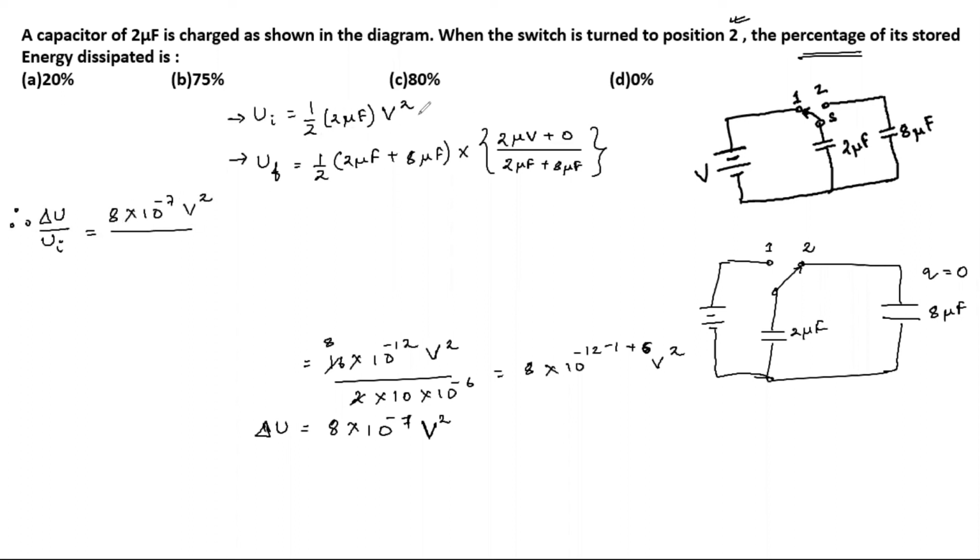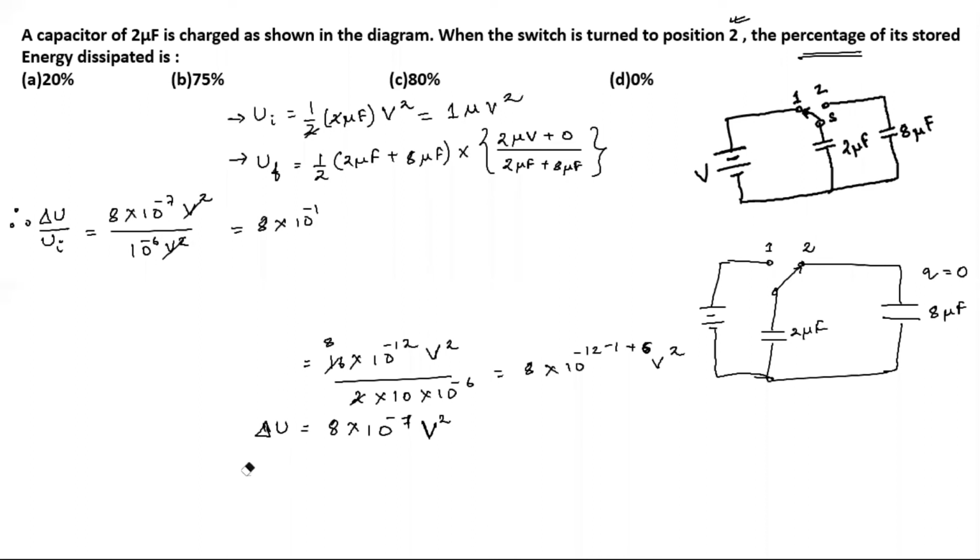Now the initial energy, if you calculate this, is around 1 micro V square, so 10 to the power minus 6 V square. This V square gets cancelled, so you will have 8 into 10 to the power minus 1.